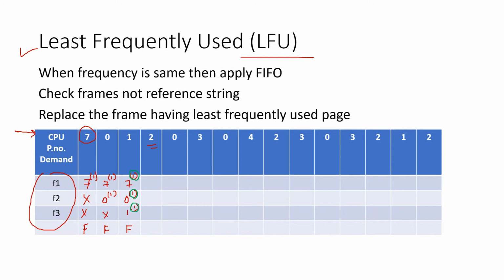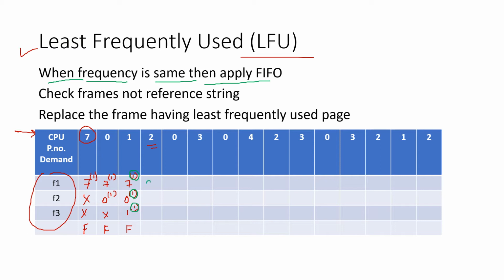If this is the case, we are going to follow first in first out. When the frequency is the same, we apply FIFO. FIFO says first you replace frame 1, then frame 2, then frame 3. So we'll put this 2 in frame number 1.